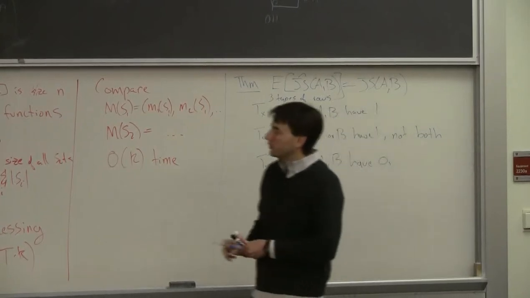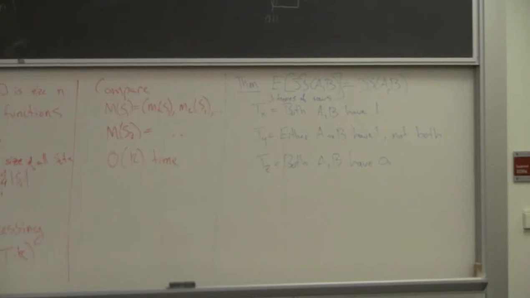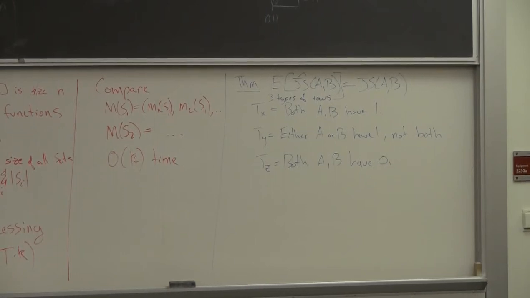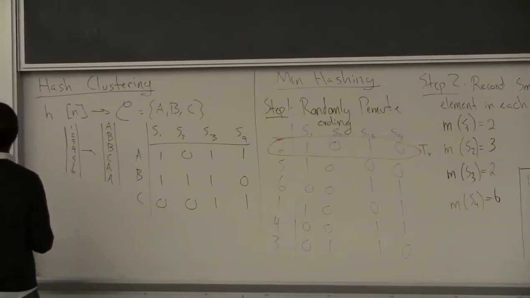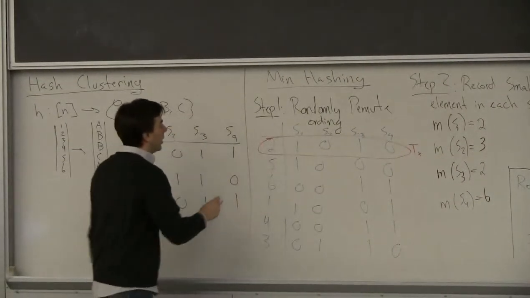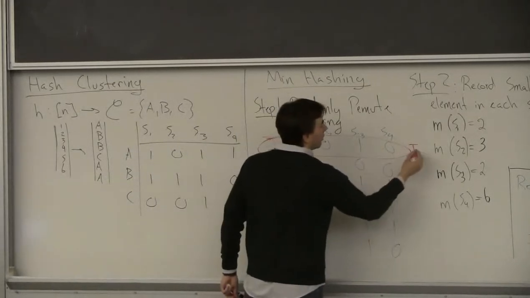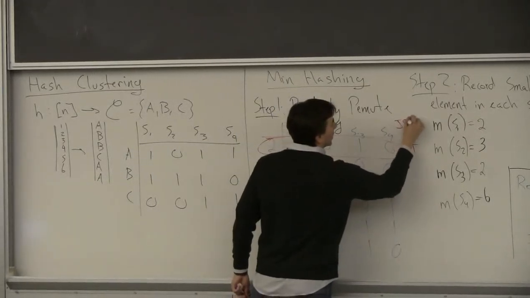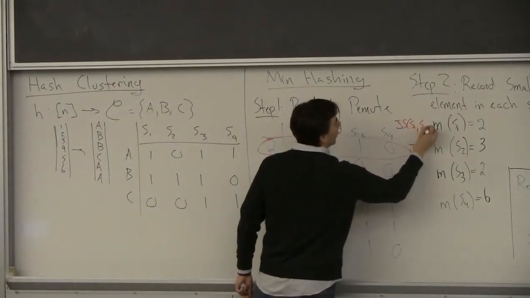Okay, so let's look at this example again. Let's do this for rows 1 and 2. This is going to be a type X. Okay, 1 and 2 is a bad example. Let me do 1 and 4. So this will be a type Y. We'll do this for the Jaccard similarity between S1 and S4.